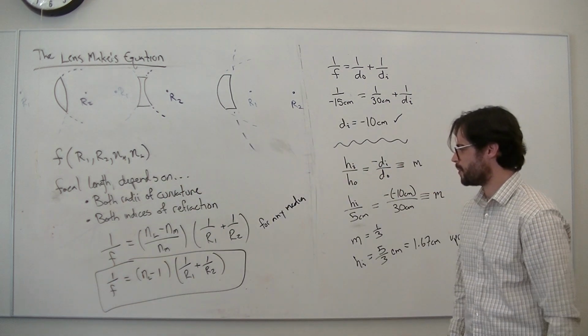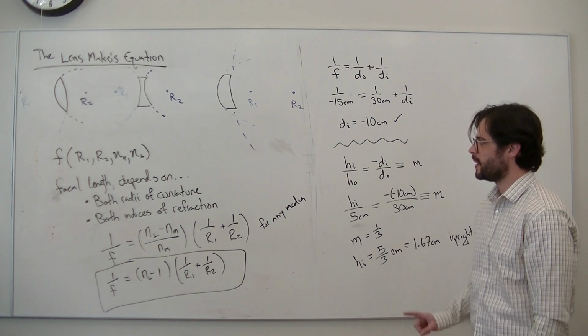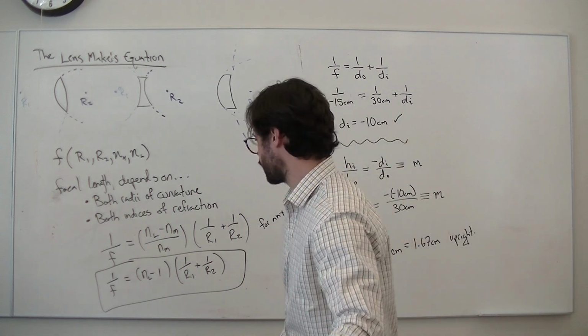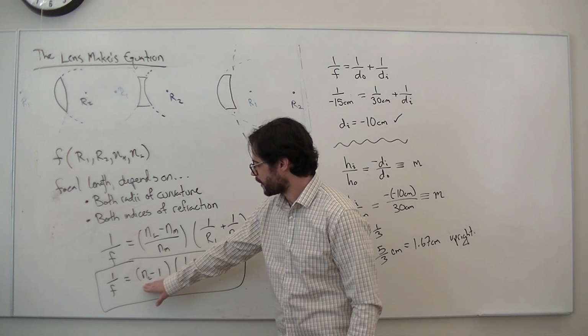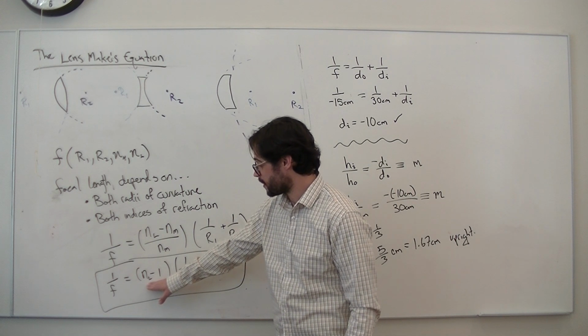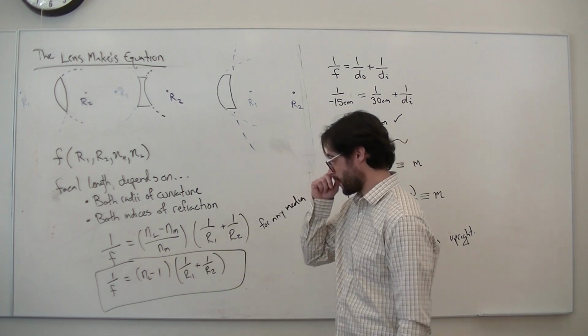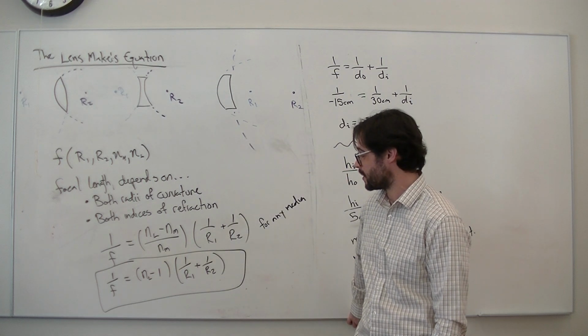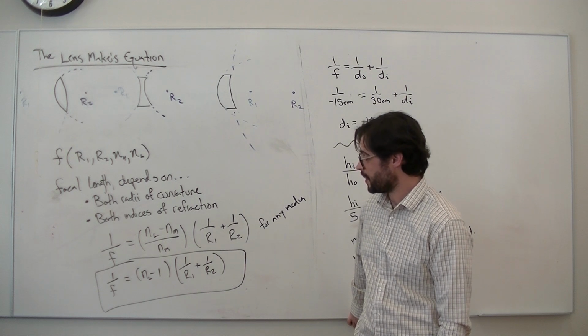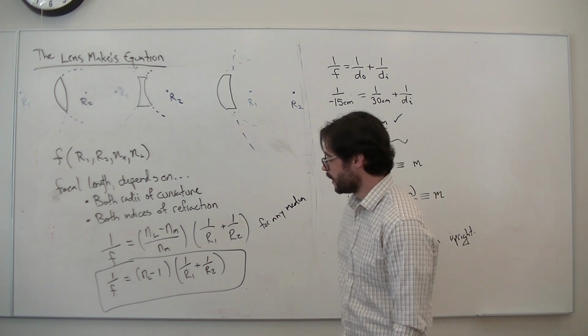So this is the usual form that we'll see the Lensmaker's equation. This also carries signs. So it must. You're never going to get a lens material that's less than 1. If you actually have an index of refraction that's less than 1, you're traveling faster than the speed of light, which is good for you, but don't do that in my class.